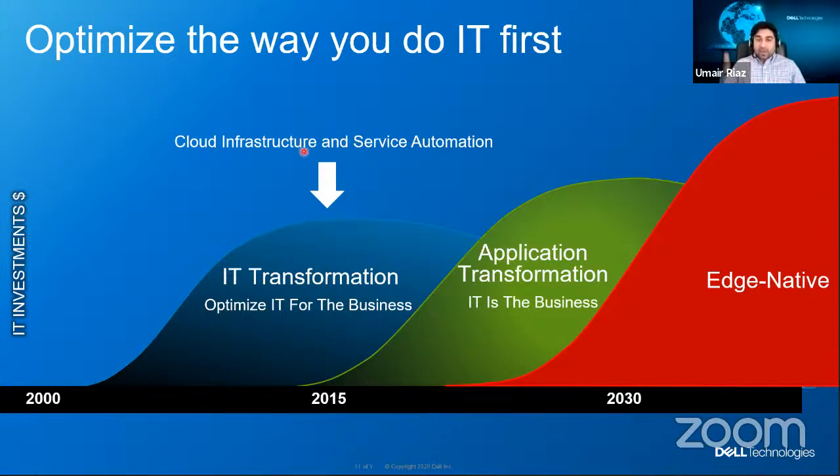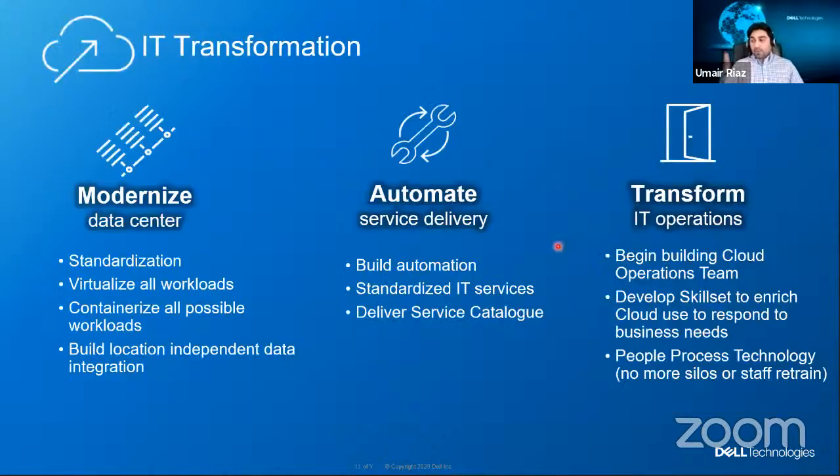They're streamlining IT so they can deliver IT services and optimize cost here, so then they can invest in application transformation, because application transformation is highly dependent on IT transformation. Because if you do not have the right service delivery model in an area, you cannot deliver applications faster to developers.